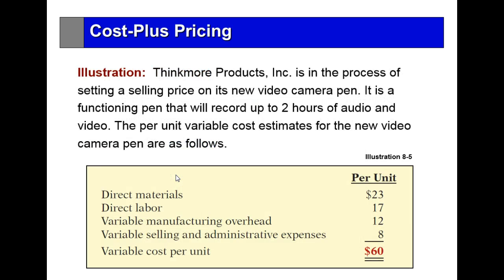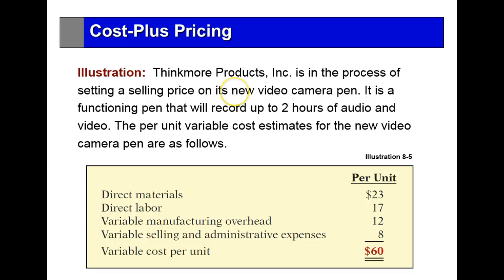Hang in there, guys. Think More Products is in the process of setting a selling price on its new video camera pin. It is a functioning pin that will record up to 2 hours of audio and video. The per unit variable cost estimates for the new video camera pin are as follows.